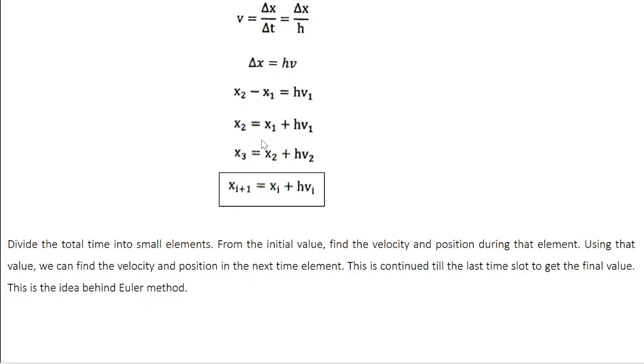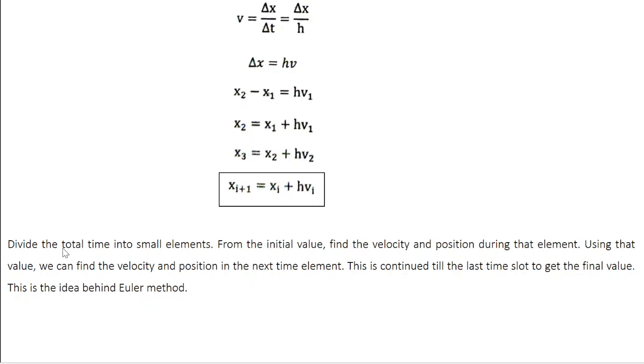In the second subinterval, x3 equal to x2 plus h v2. In general, xi plus 1 equal to xi plus h into vi. Once again, the new value of position equals old value plus slope into step size.